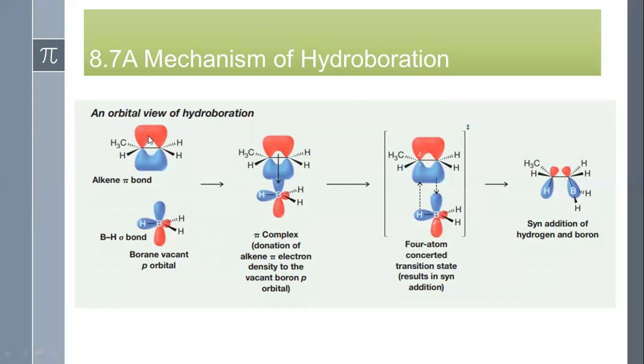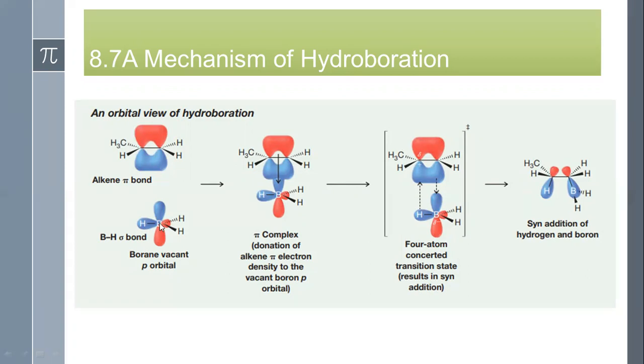So the pi bond lies above and below the plane of your alkene, of your molecule. It's very unlike the sigma bond, where it's a head-on overlap. Because this is sideways overlap, remember the pi bond is much weaker than the sigma bond. So you have the unhybridized p orbital forming the pi bond.